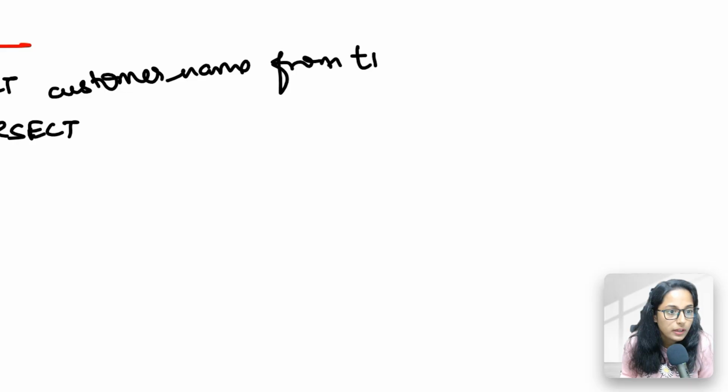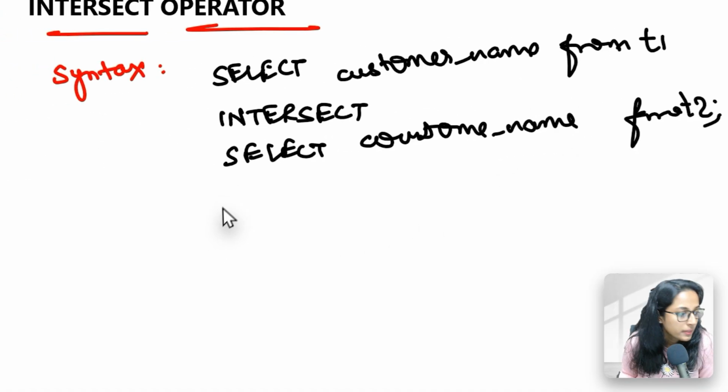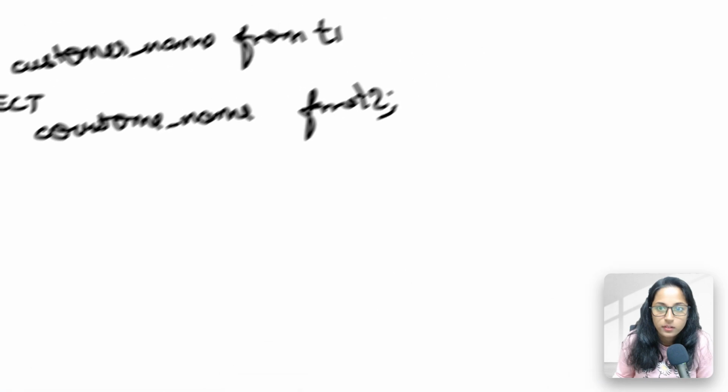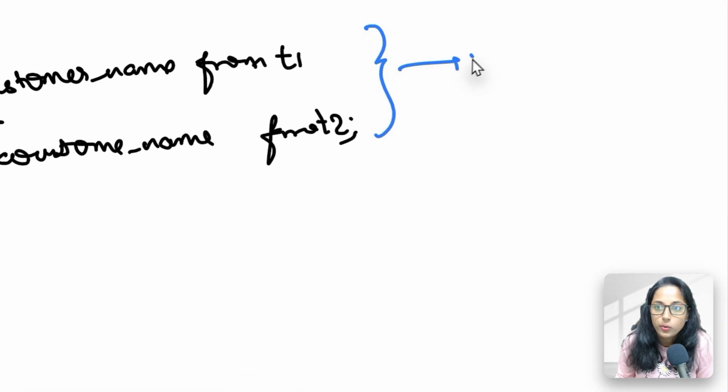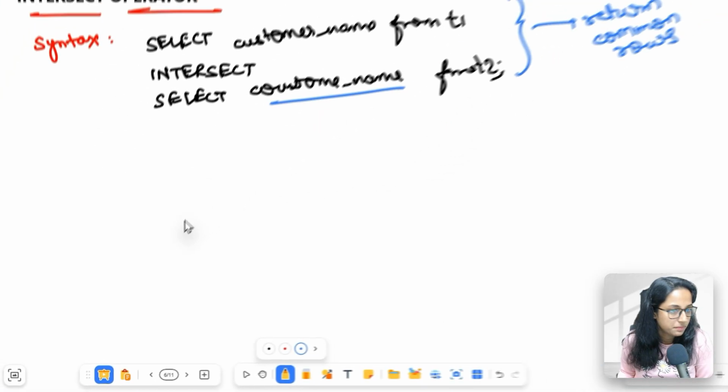In a similar way, I will write select the same field, customer name, from T2. What it will return is the common rows with respect to customer name.